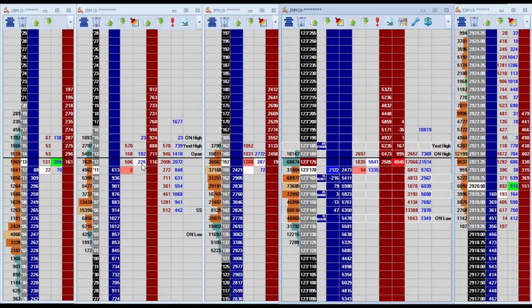Keeping an eye over here. Ultra bonds down a couple ticks.